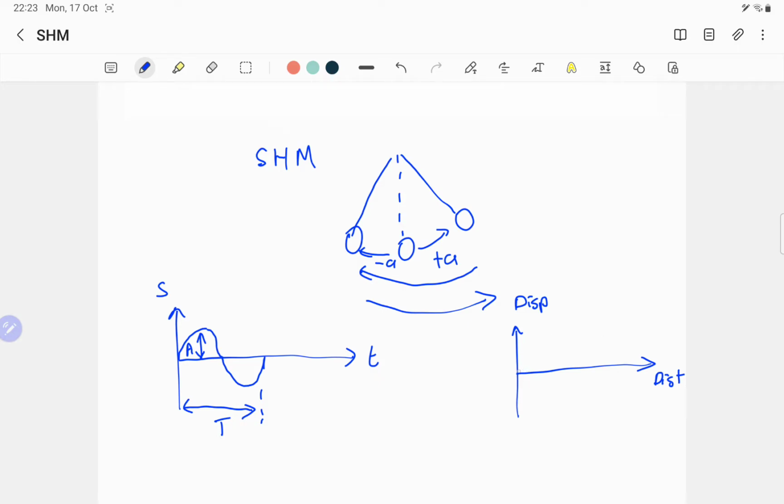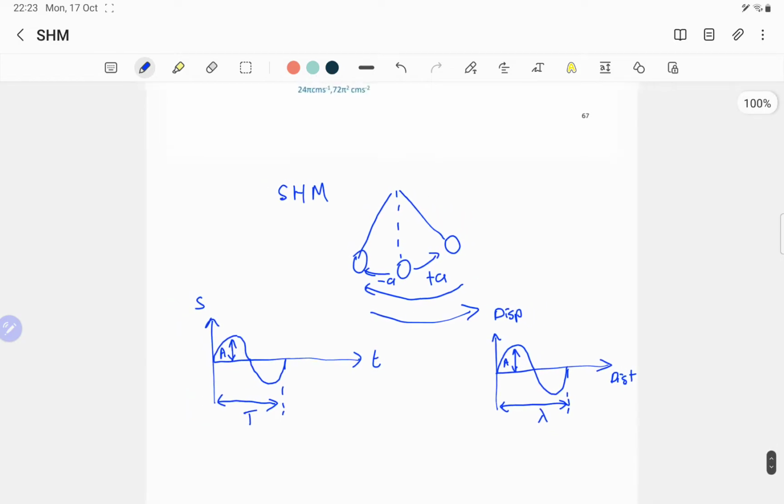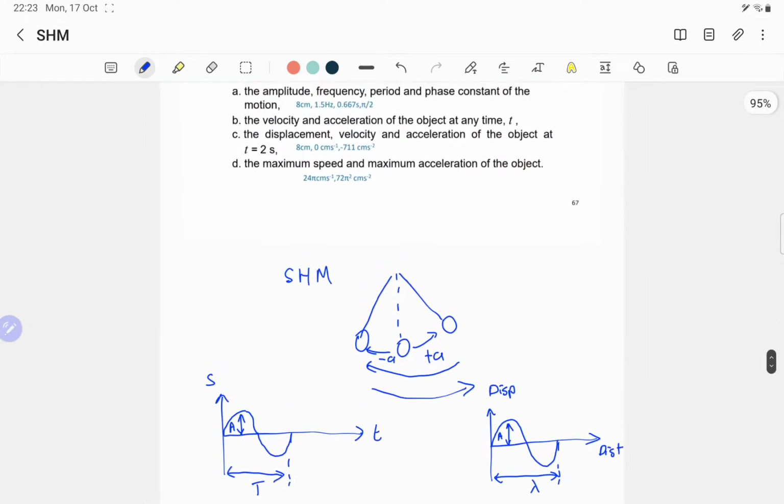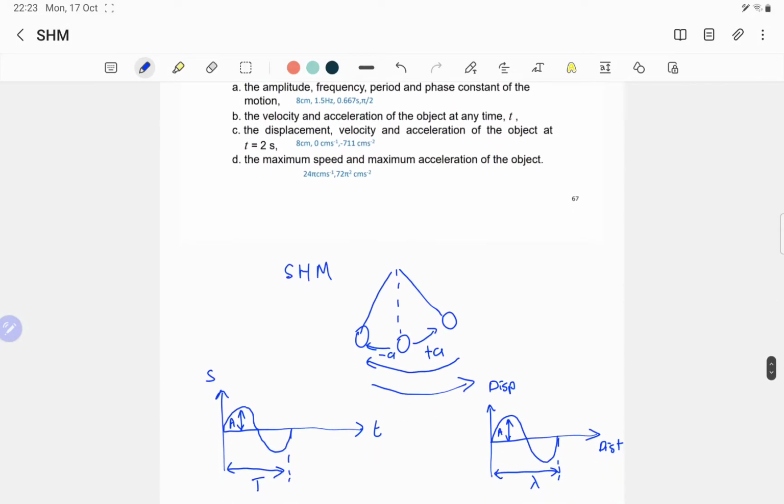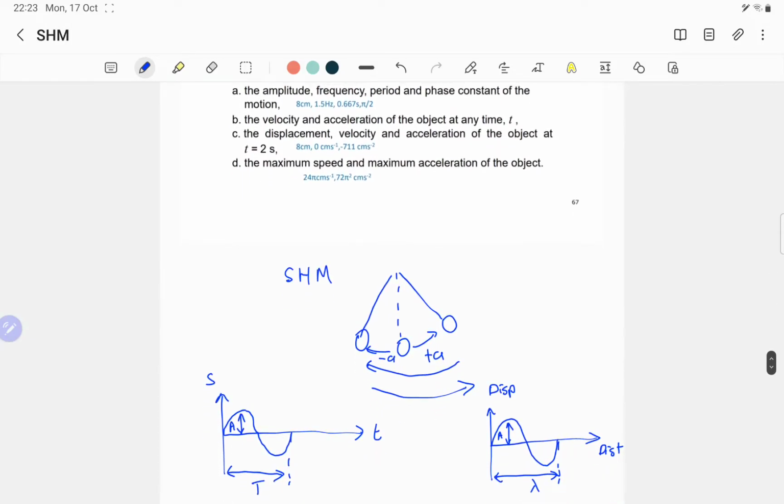Let's say it makes a swing, distance will always add up. The information you can get over here is the amplitude, and from displacement versus distance you can obtain the value of wavelength.